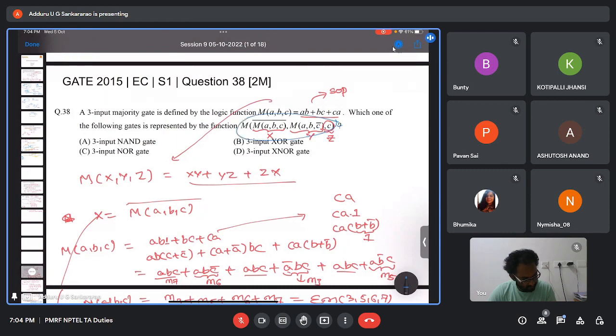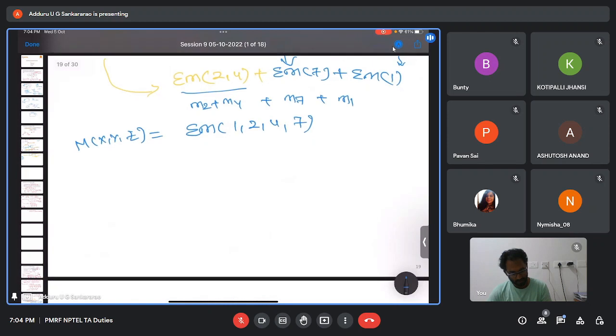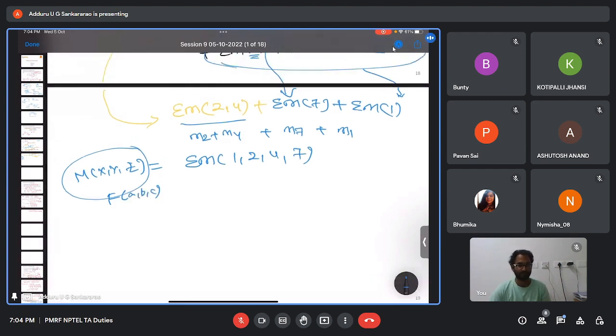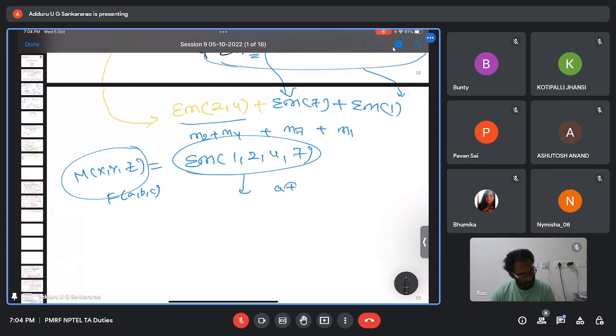Whatever we want, we say f. You can say f of A, B, C. These are the binary independent variables. So this is a very standard one, I think you know this. This is either an XOR operation, A XOR B XOR C, or an XNOR operation.